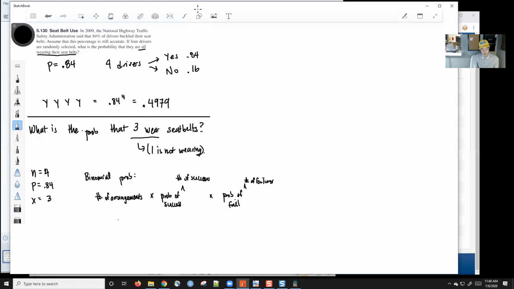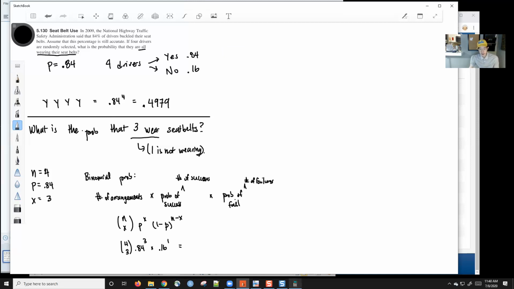Or we would write this as n choose x, p to the x, 1 minus p raised to the n minus x. Okay, so I've got 4 choose 3. P raised to the x is going to be 0.84 raised to the 3rd power times 1 minus p, which is 0.16, and that's going to get raised to the 1 power.